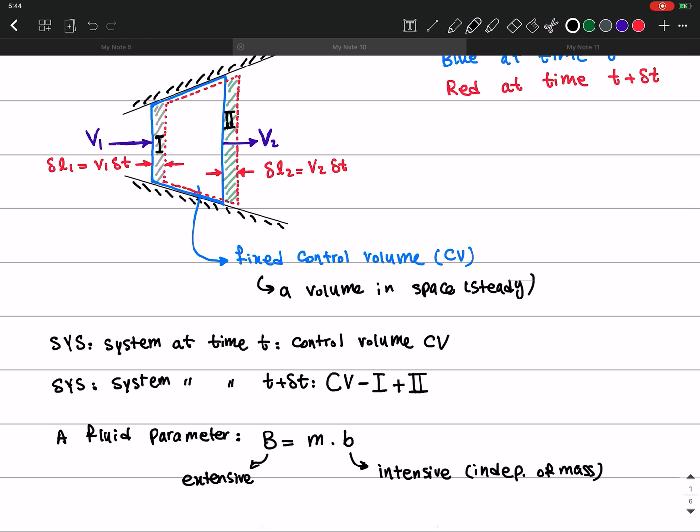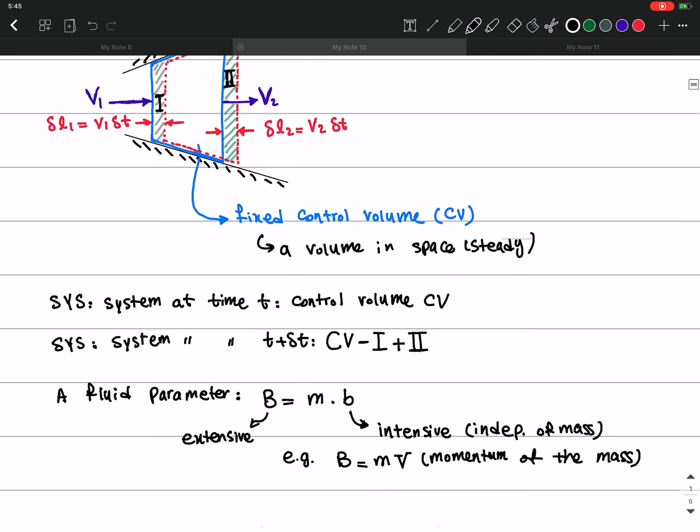Okay. For example, we can say B, which is an extensive parameter, equals mass m times V, where V is velocity, okay? And this is what we call momentum of the mass.